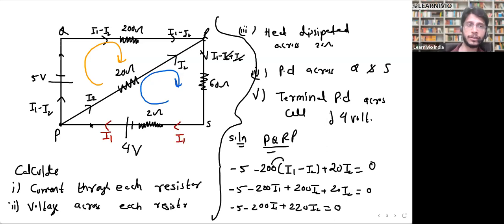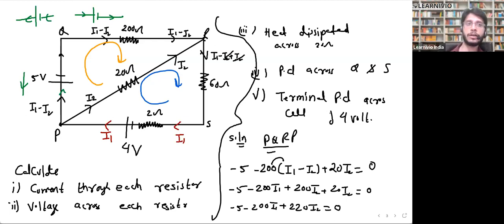In this circuit, you can't predict whether the direction of current would be this or this, because you don't know whether this cell is charging or discharging. If a cell discharges, the direction of current is from positive to negative, but if the same cell charges, it is from negative to positive.